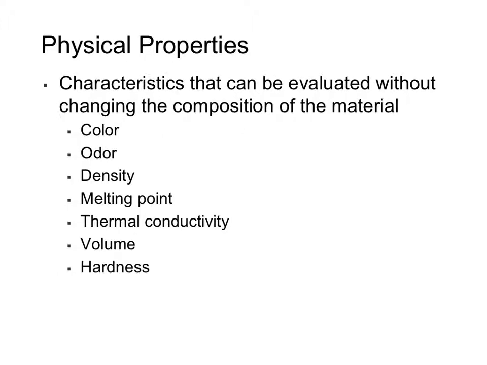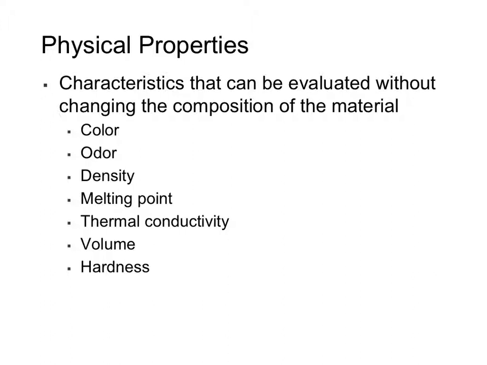We will usually define physical properties as characteristics that can be evaluated or investigated without actually changing the composition of the material. In other words, if we're trying to find the melting point of gold, we can simply heat it up until it melts and find the temperature at which it melts. If we let it cool back down, it will become a solid again, and it's still gold. Likewise with water.